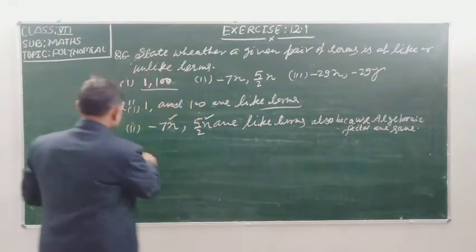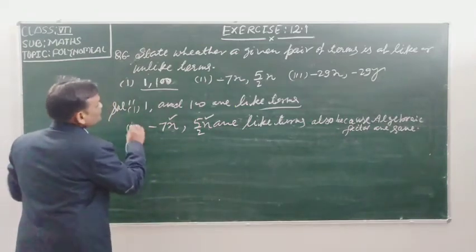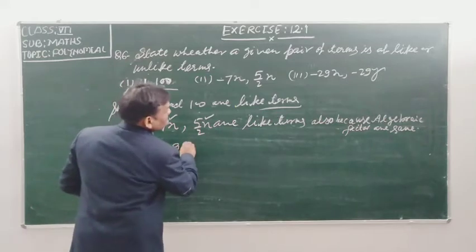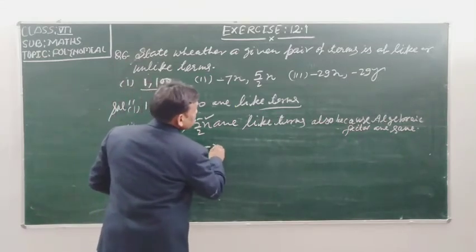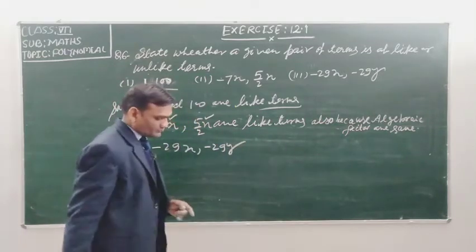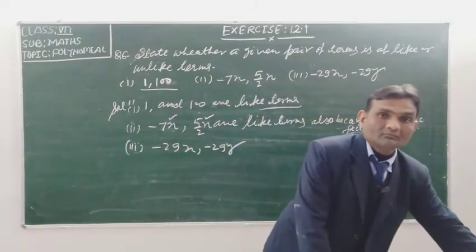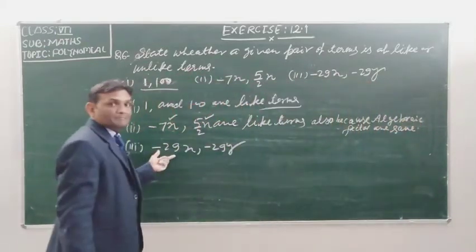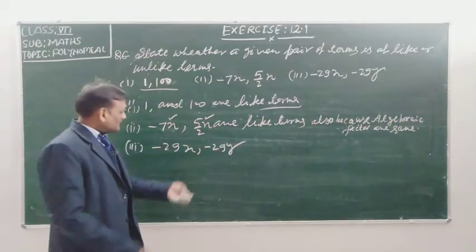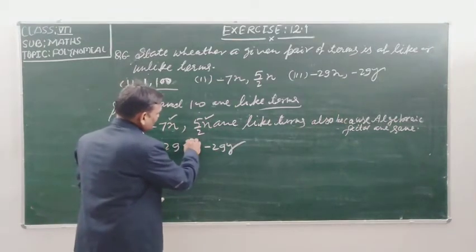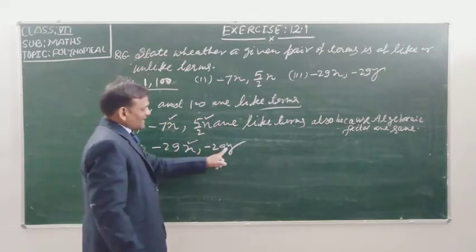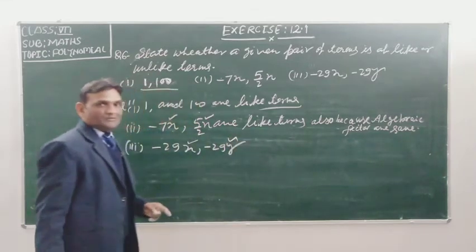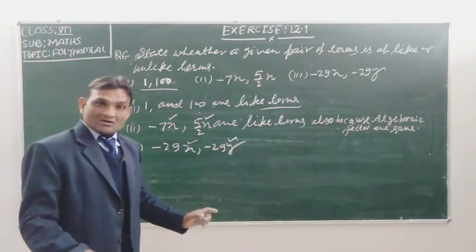And if we talk about the third question, student, that is minus 29x and minus 29y. Numerical factors are same, but the algebraic factor of this term is x and the other term has the algebraic factor y. So x and y are not same.